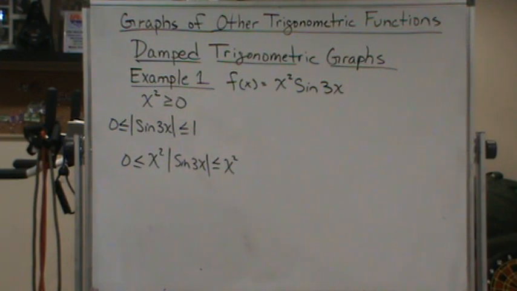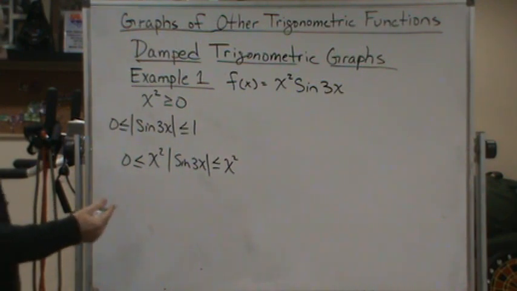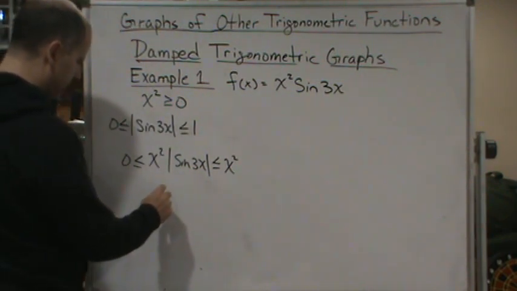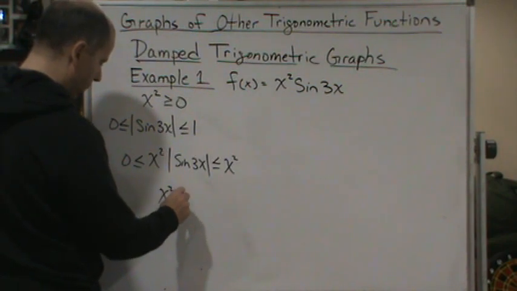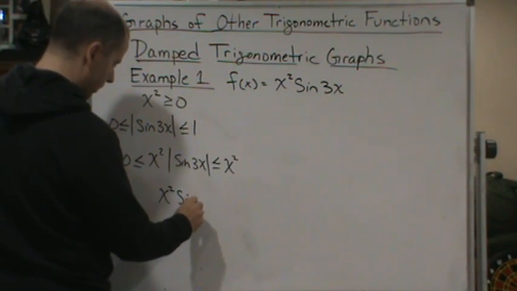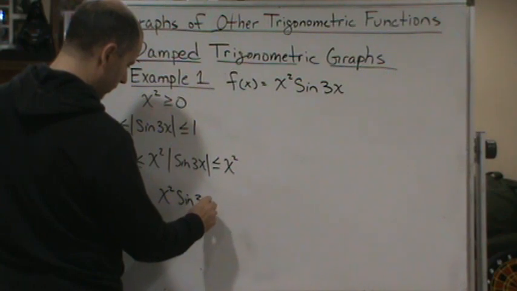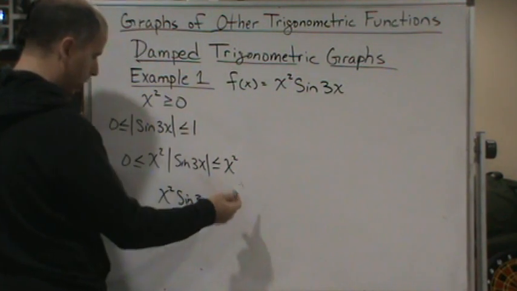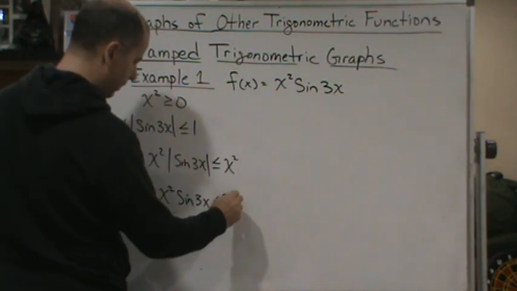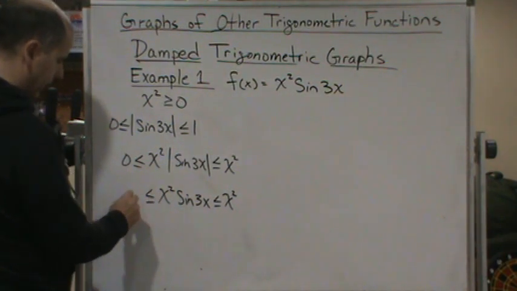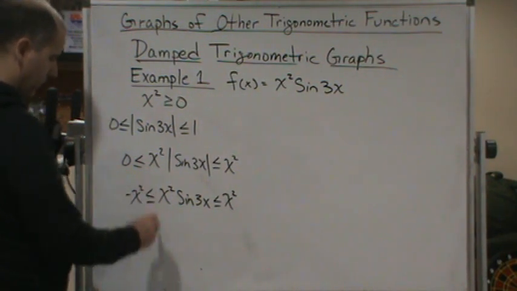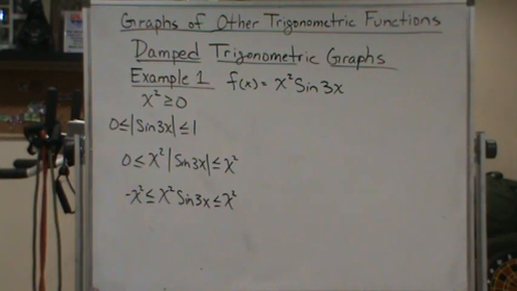Now, if we drop the absolute value, it means that x squared sine 3x is going to be between x squared and negative x squared.